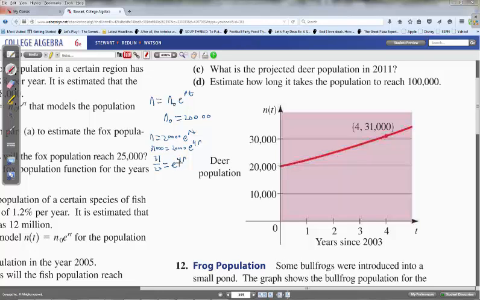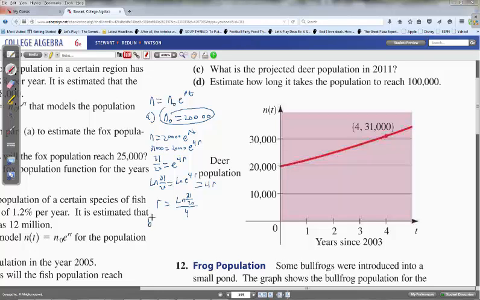This is an exponential equation, so to get rid of the e and get to the exponent, I can take an ln of both sides. ln of 31 over 20 equals ln of e to the 4r. ln of e to the 4r is just 4r. Then divide out the 4. r equals ln of 31 over 20, over 4. This actually answers part A.